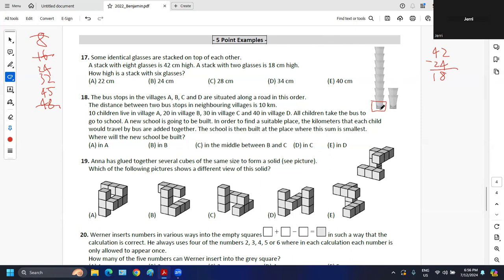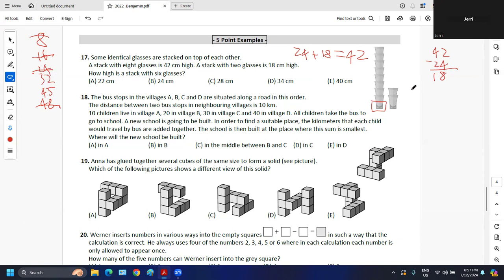So then if this much is 18, then we can check 24 plus 18. That equals 42, but there's no such answer in A, B, C, D, and E. It is 42, which means that 24 is not correct.